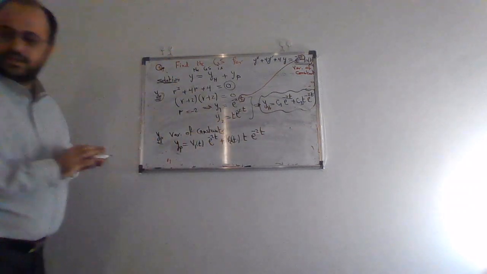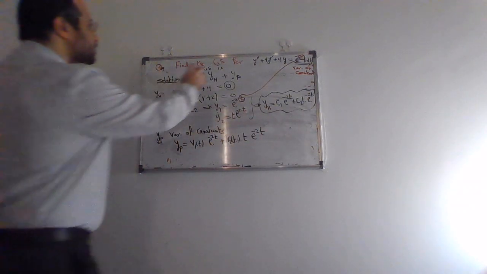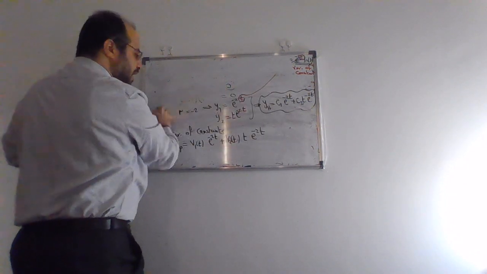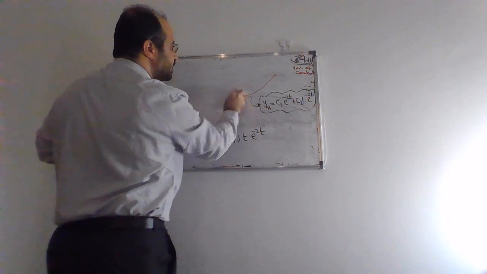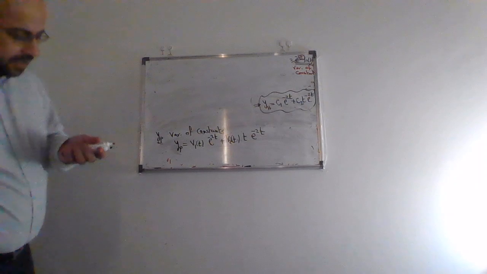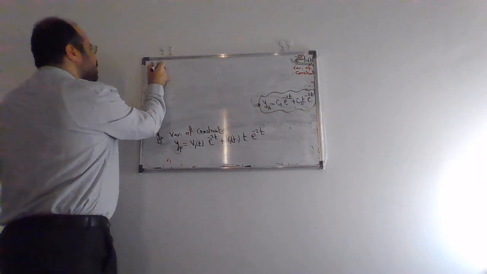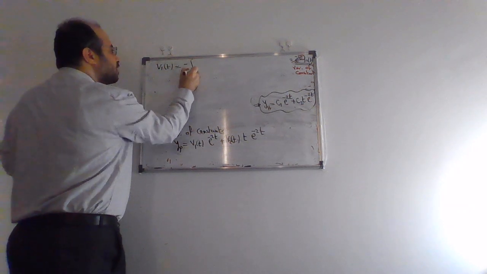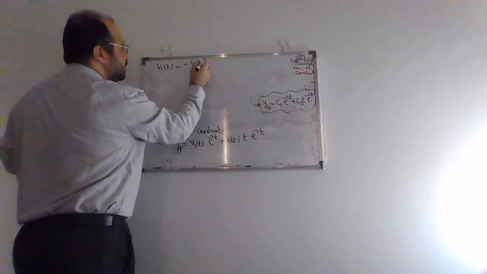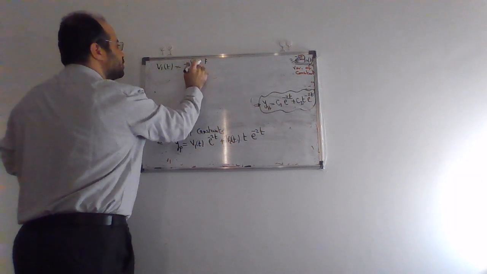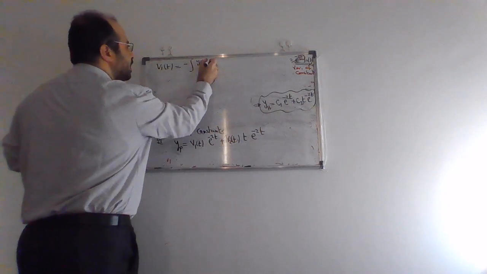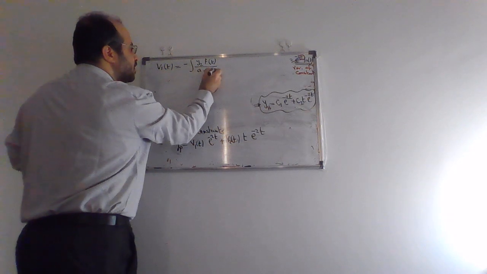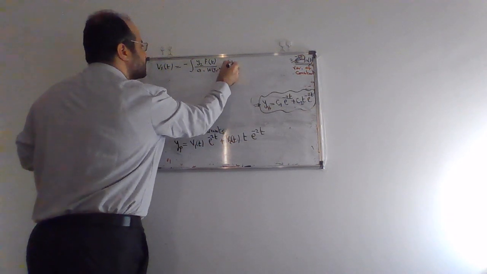The only thing to find is V1 and V2. How are you going to find your V1 and V2? Let me keep this function because I need it, and I need to find the Wronskian, right? V1 of t will be minus the integral of y2 f of t over a times the Wronskian of y1, y2, dt.